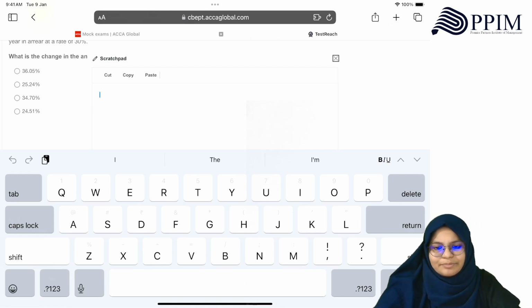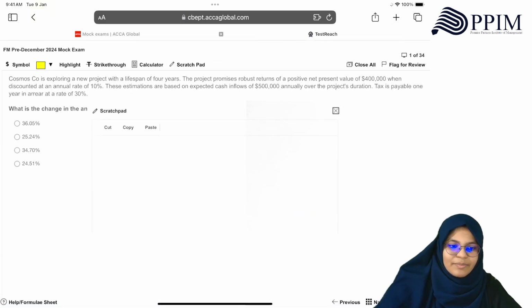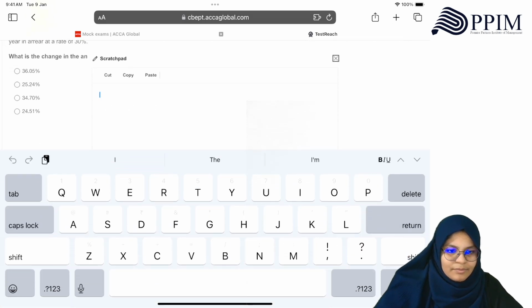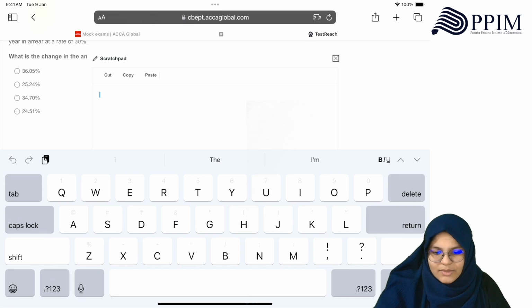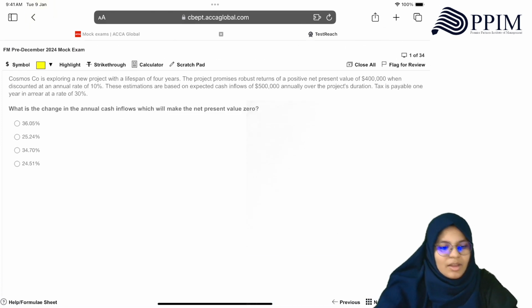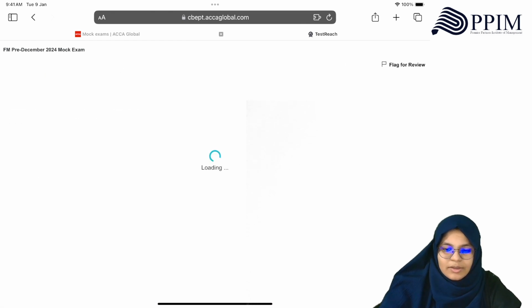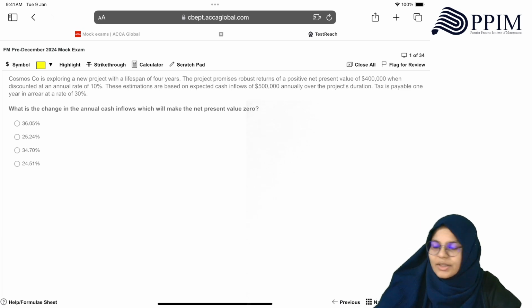So, basically, it works like a typing pad where you can type in whatever you want. Okay, so if you want to do certain calculations, you can do that using this scratch pad itself. Okay, so that's it for just walking through the platform.